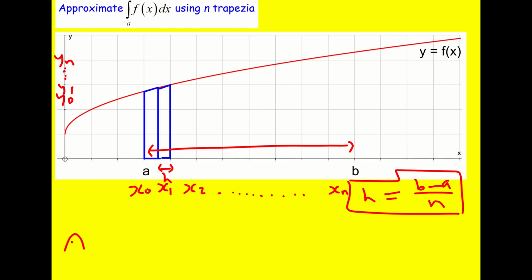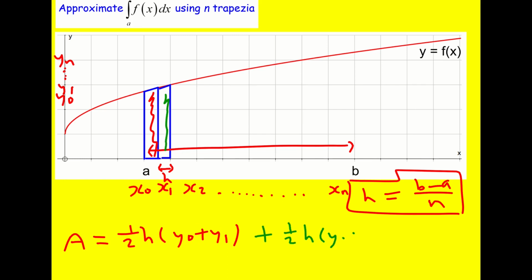And the area is going to work out in the same kind of way. The first one is going to be a half h (y0 plus y1). That's this one in red. Second one is going to be a half h (y1 plus y2). And then I'm going to go all the way up to this very last one.